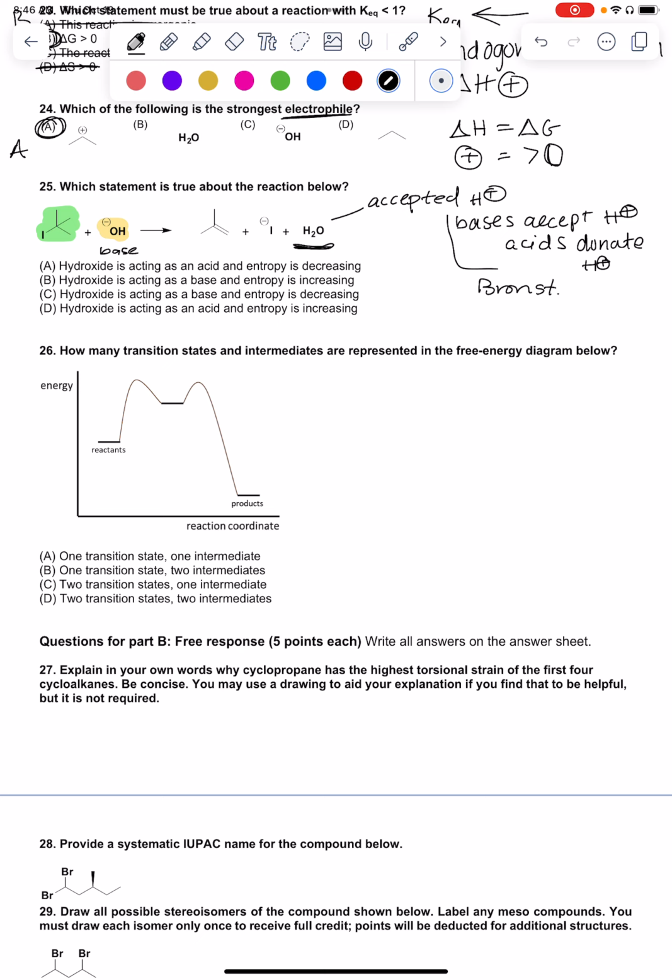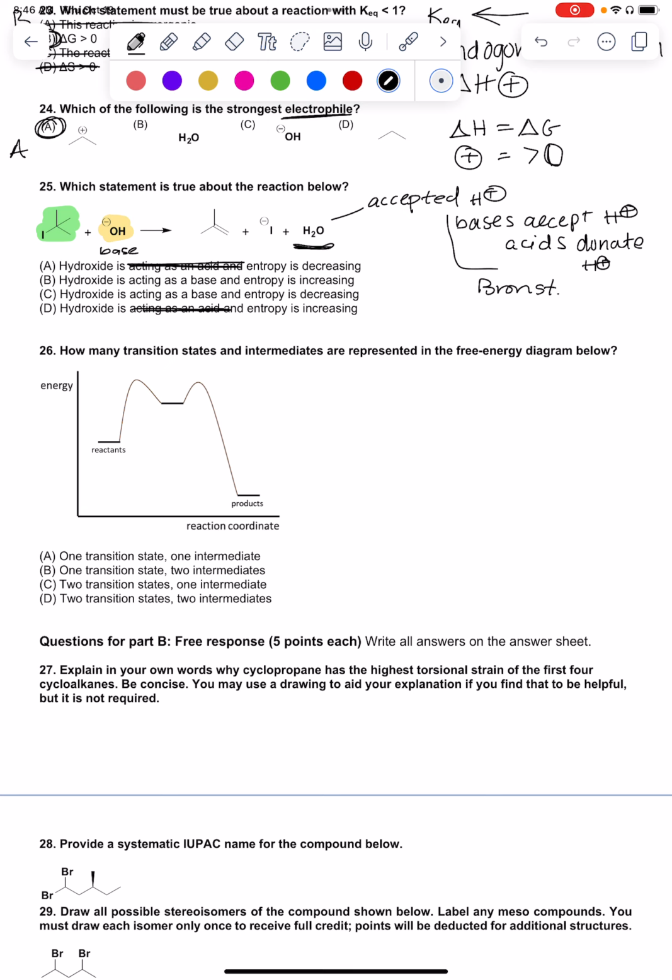We're talking here about hydrogen protons. So this OH accepted a proton from the ion here, whatever you want to call it. So I'm going to look, and we said it's acting as a base. So I'm going to look here and go, hydroxide is acting as an acid. That can't be right.